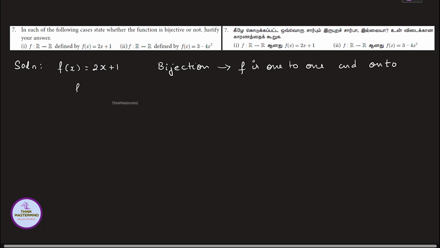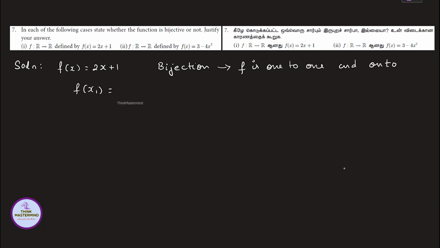That is enough to prove that if f of x1 is equal to f of x2, then x1 is equal to x2. So f of x is defined as 2x plus 1. f of x1 is 2x1 plus 1 is equal to 2x2 plus 1.